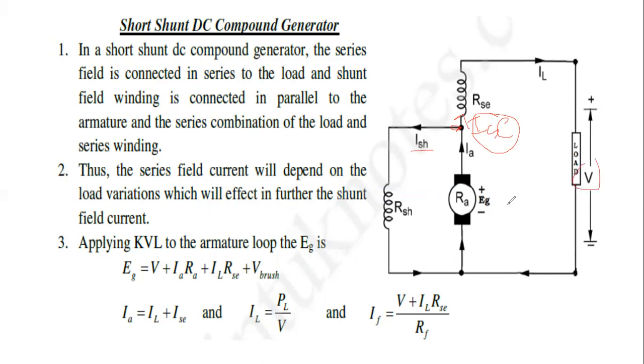Then we apply KVL in this loop. Therefore EG is equal to V plus IARA, the current flowing in the armature is IA and this is the voltage drop across the armature, plus ISC RSC.